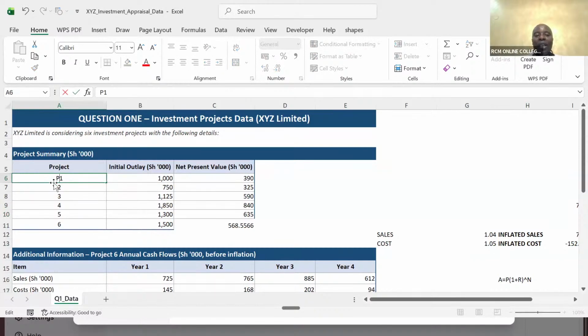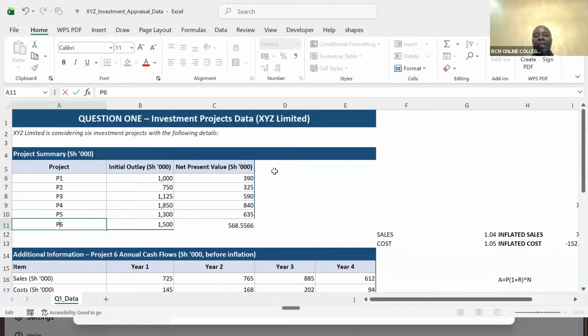Now this becomes P1, this becomes P2. You introduce P's for the projects so you don't confuse them with ranks. I've always seen these confusing students, so it is important that you introduce P's like that.